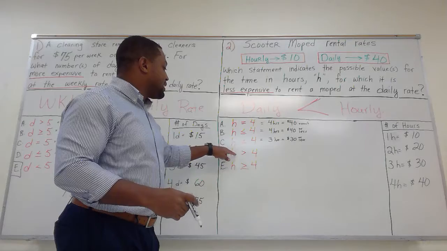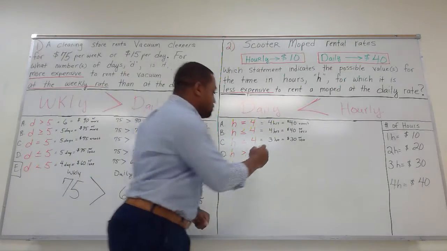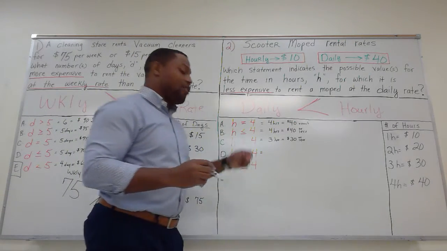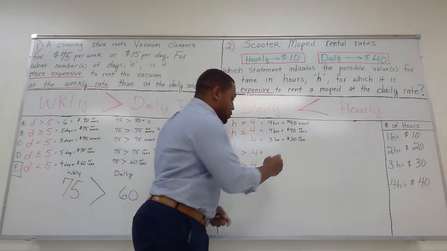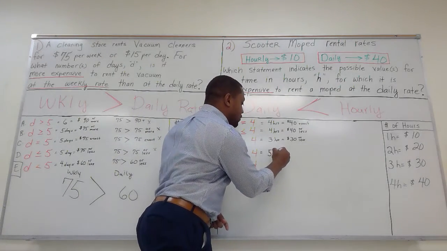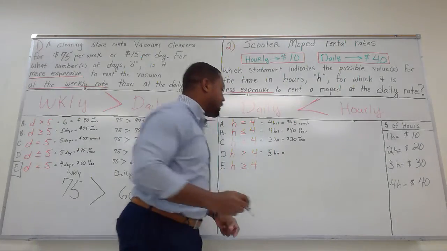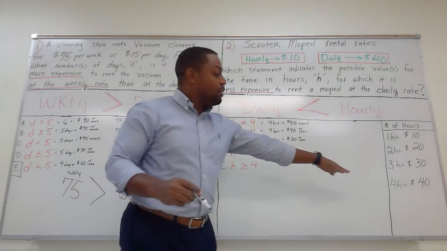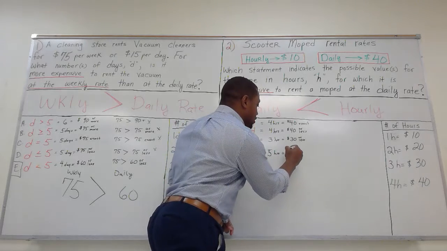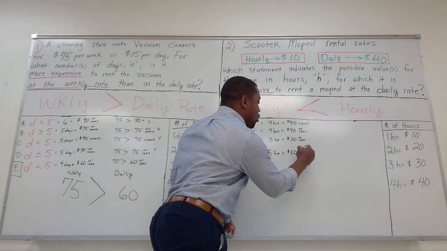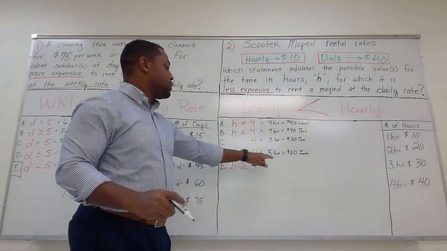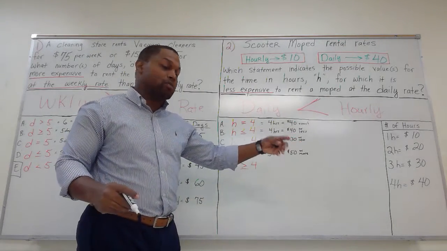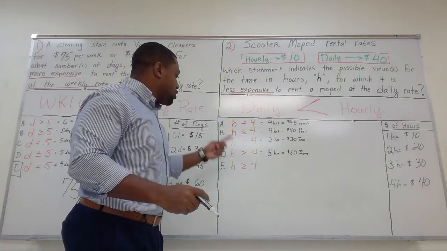Now, D says H is more than 4. So, at the very least, more than 4, as we move in hourly increments, has to be 5 hours at the very least. So, well, 5 hours would be $50 or more, because it has to be more than 4, which means it could be 5, but it could also be 6, 7, or 8, and so on and so forth.